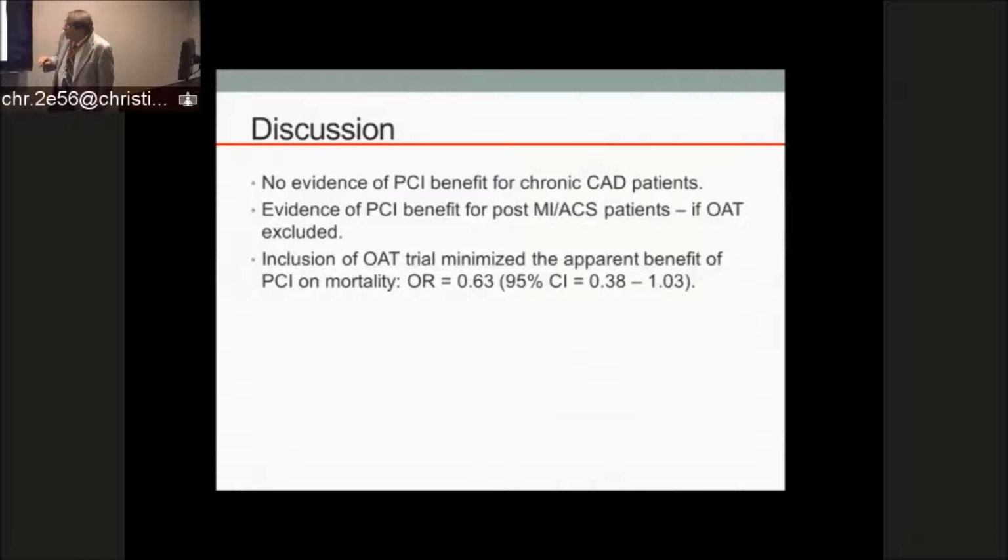Now, I'm not sure of the reason for the exclusions or the combining of the different studies, but some of the more cynical cardiologists call that cherry picking. In other words, you basically pick the studies that will give you the result you want to hear.